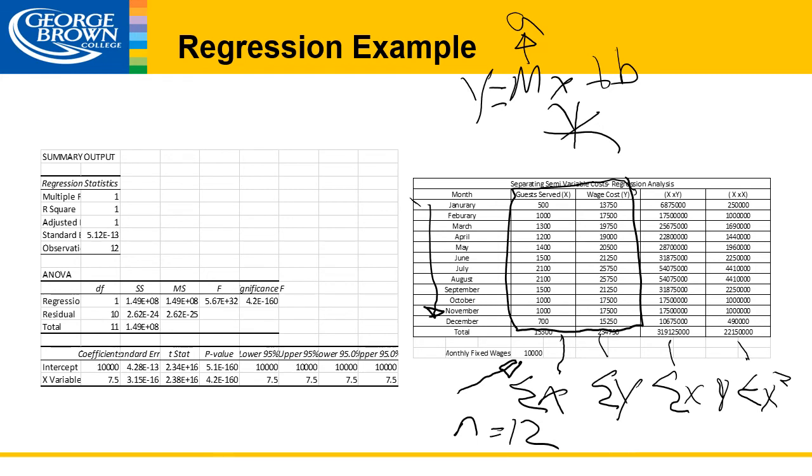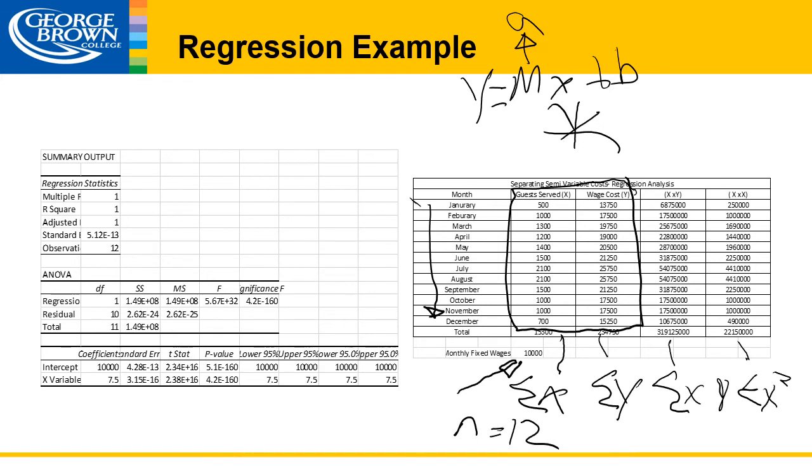All the data points, while they might not fit perfectly on a line, the least squares brings them in as close as possible to creating a straight linear line, and that's where we can calculate our monthly fixed labor or total fixed costs. It depends on the context. In this context, we're using labor.